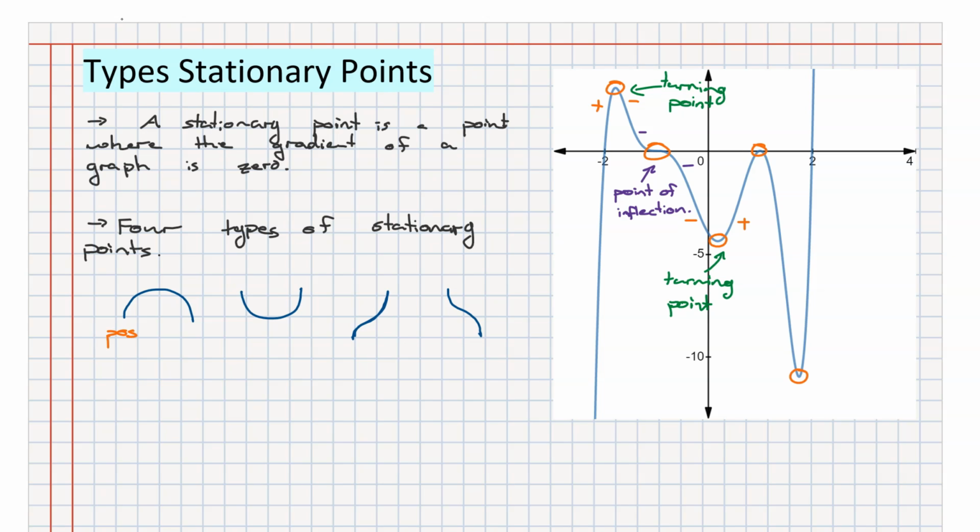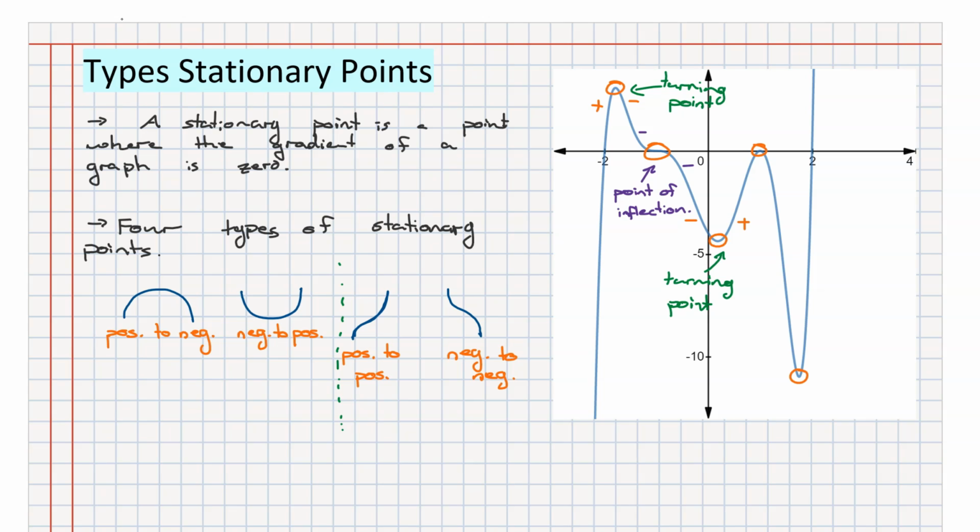So writing that out, we're going to get positive to negative, negative to positive, and then positive to positive, and finally negative to negative. One thing to keep in mind is that we've got these 4 types of stationary points.